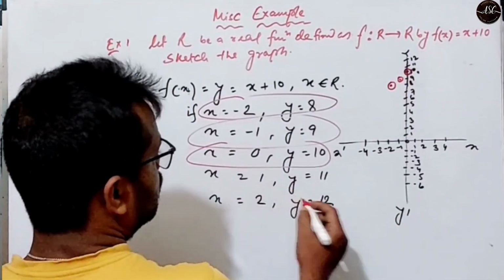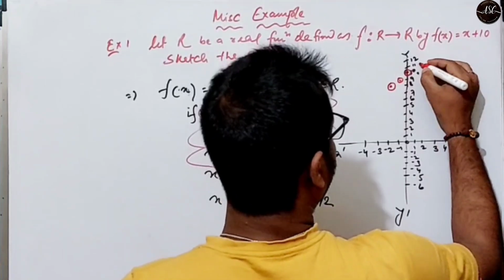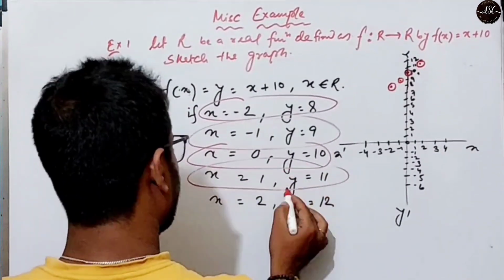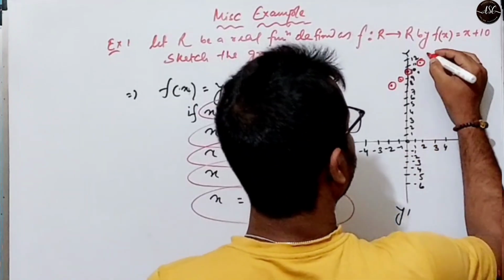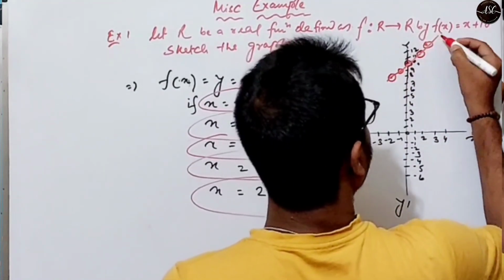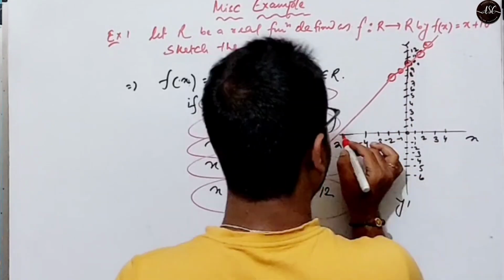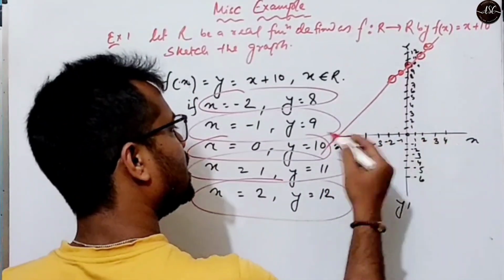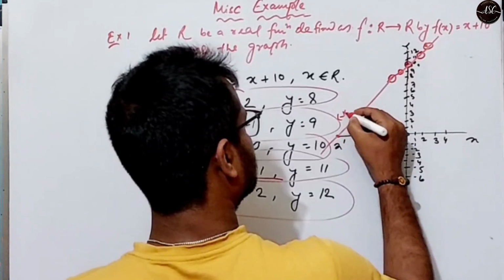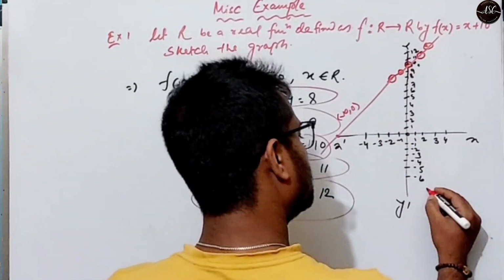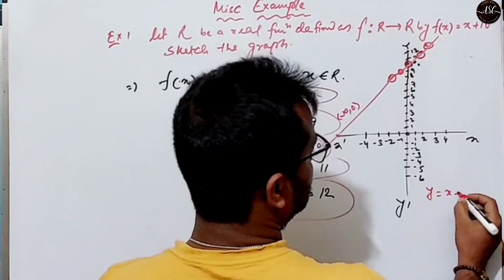Now x equal to 1, y equal to 11, and x equal to 2, y equal to 12. If we join these points, we get this type of straight line. This straight line will intersect the x-axis at minus 10, 0. So this is the graph of y equal to x plus 10.